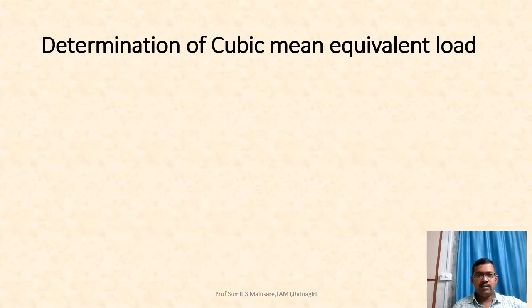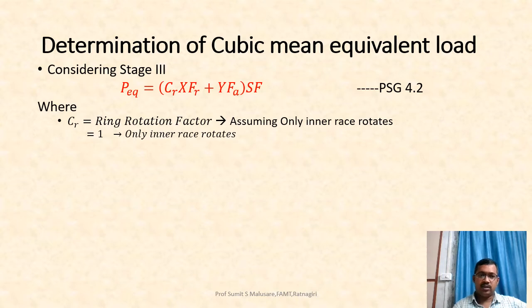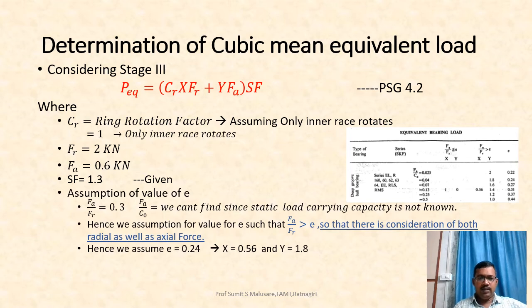Now, next, stage 3. Again the standard formula remains the same. Ring rotation factor 1 remains the same, FR is 2 kilonewtons, FA is 0.6 kilonewtons, service factor is 1.3. Now in this case FA by FR is equal to 0.3.